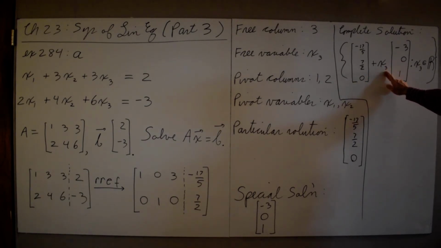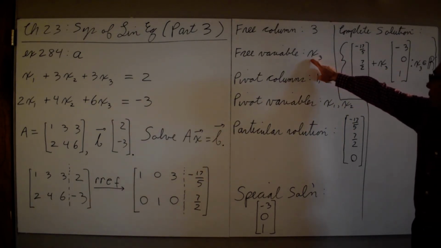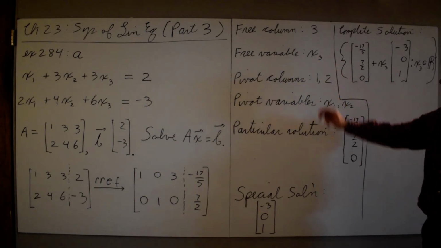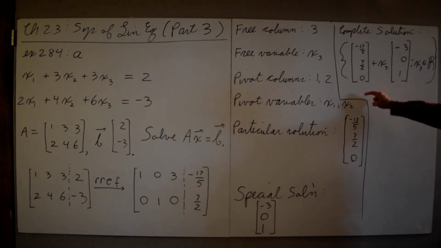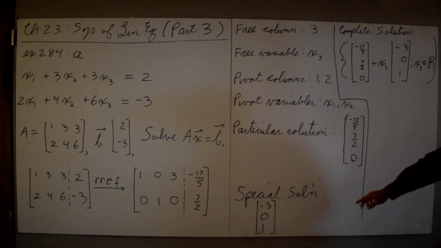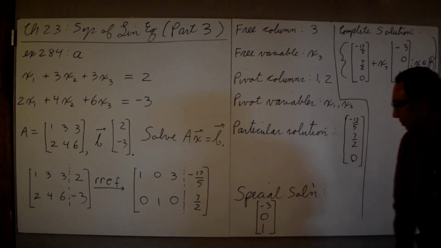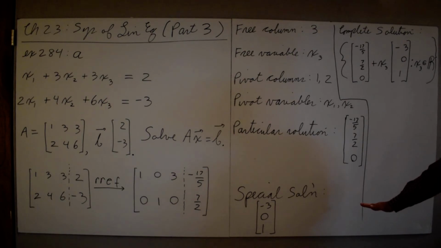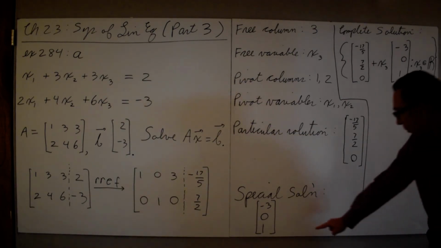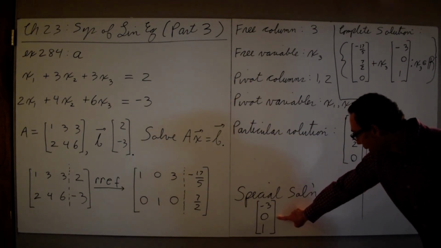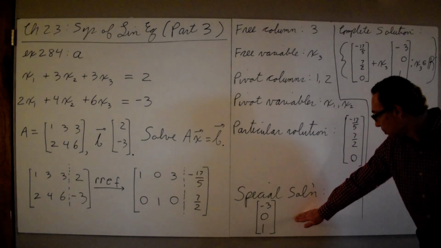I like to use the x sub 3 because it reminds us that x sub 3 is the free variable. And so the complete solution is always our particular solution plus scalars of our special solutions. In this case, we have a special solution. Our null space has dimension 1. So sometimes we have more than one vector here that's a special solution.